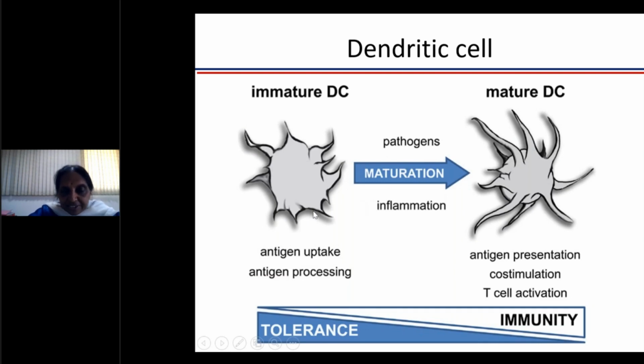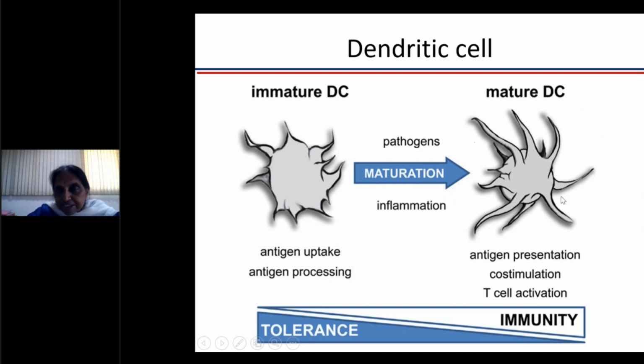So what is needed for good antigen presentation is that we should have a great capacity to take up antigen, and the cell should have a capacity to process the antigen. We'll see why we need to process the antigen. If you look at immature dendritic cells, they have a very high capacity to take up the antigen. That is what we want in the initial phase. Then we want it to be able to process.